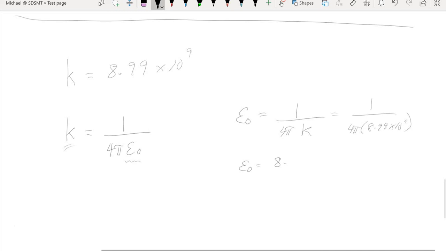So our value for epsilon naught, trying to look this up here.